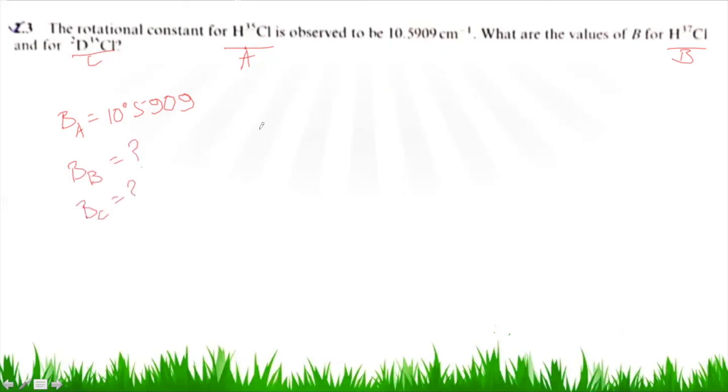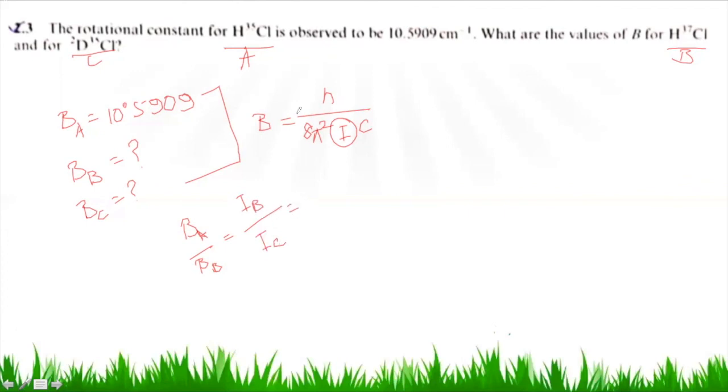Since you already know that B is equal to h divided by 8 pi square I c, now the value of I will change, and the rest of the values will remain the same for all three equations, either A, B, or C. These three terms will remain the same. Hence, if I find out B, I simplify it.